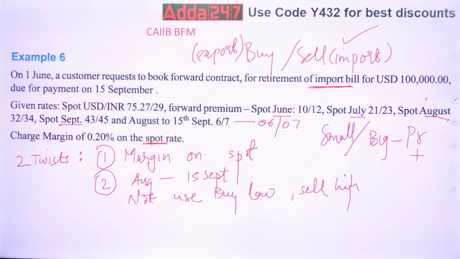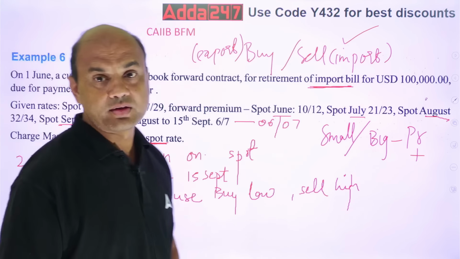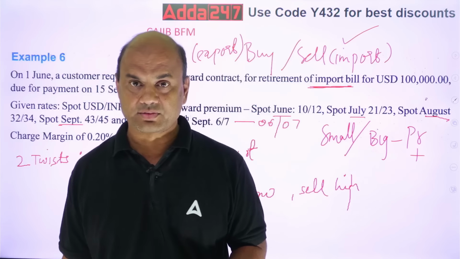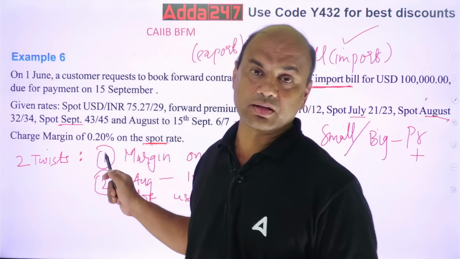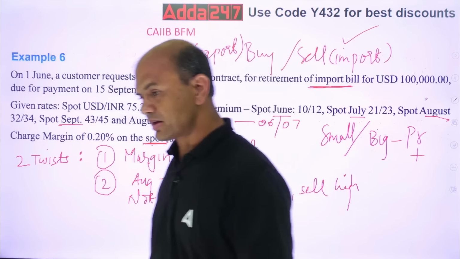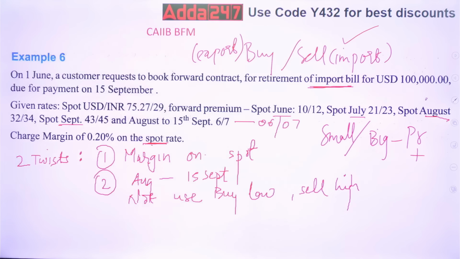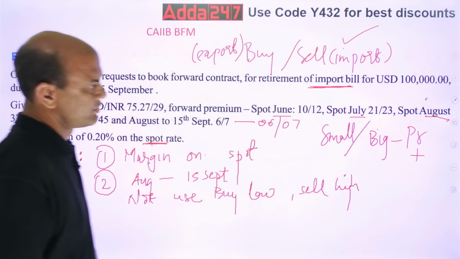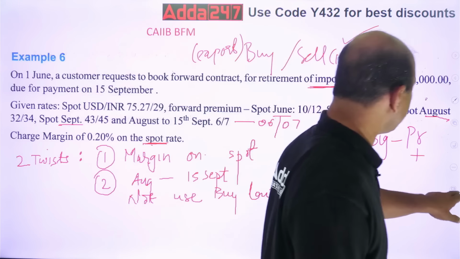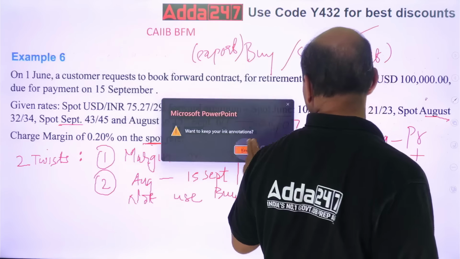Clear, everyone? So now, let's move on. Let's go for the revision of some important parts of this numerical. What are the important parts? See this, I'll write it over here, because you must know these.